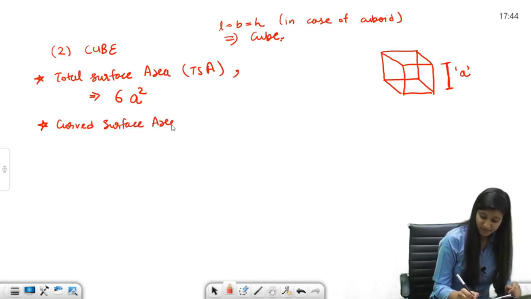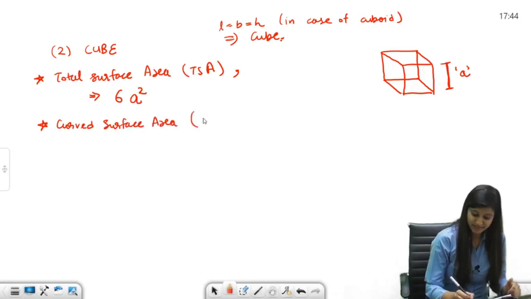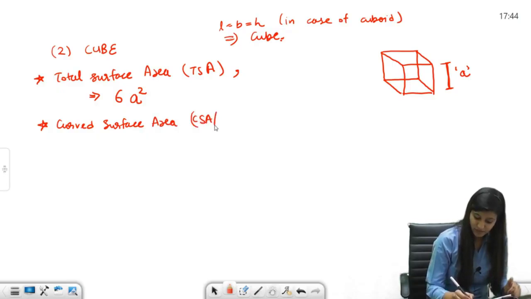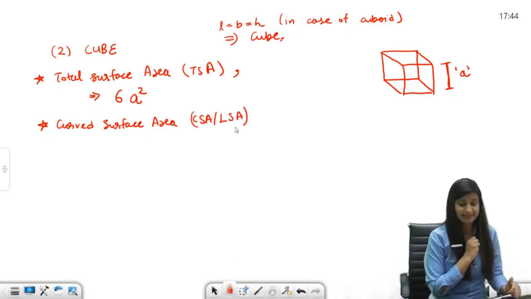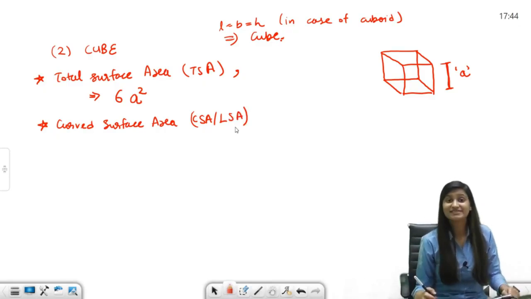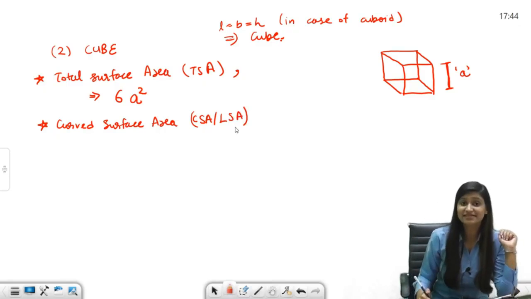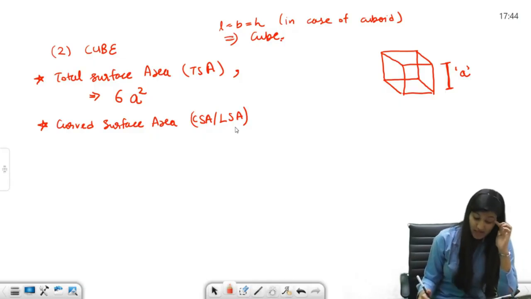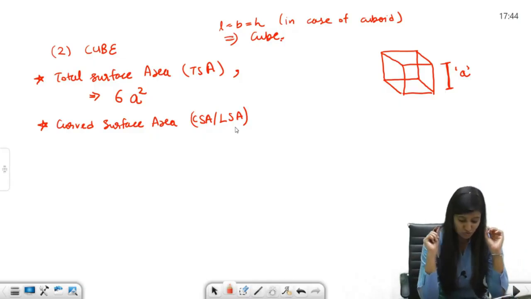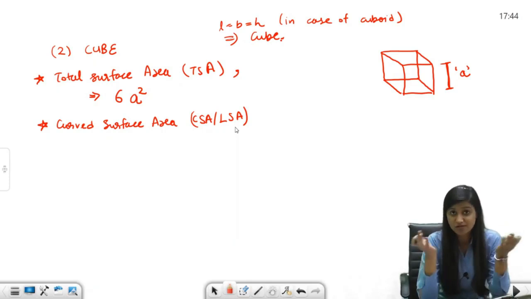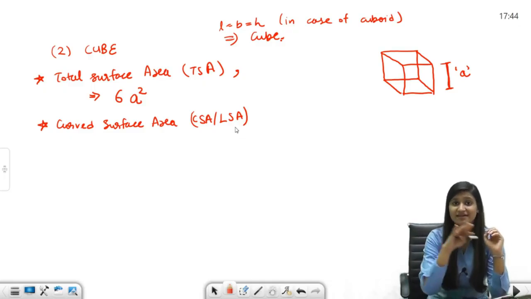Curved surface area or lateral surface area, you can just say CSA or LSA, right? So what did I tell you before about this lateral surface area part? Whenever you are asked to define the curved surface area of a particular shape, you just need to remove the bottom face and the upper face.